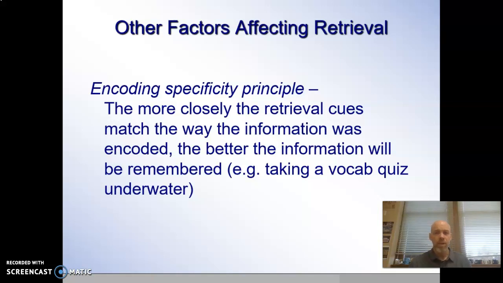So, like for the AP exam, you can't take that in Mr. Woodard's and Mr. Davis's room because that gives you an advantage, because the cues of the room can help you recall things more easily. So in order to truly learn the material, use the testing effect: test yourself in different areas.